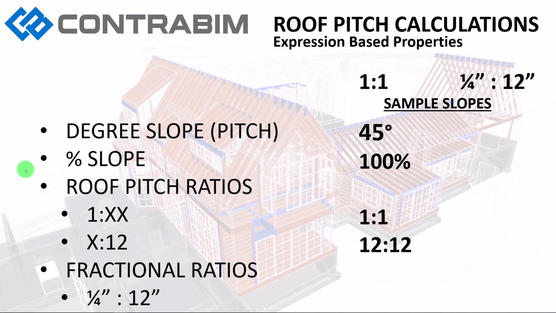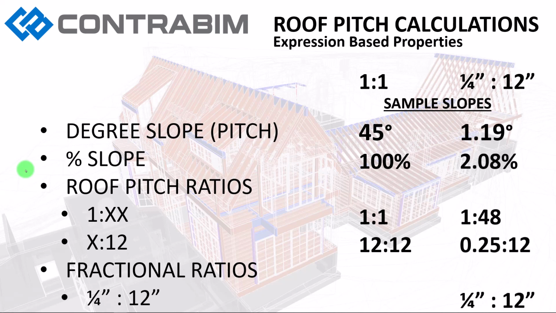Now, if we start taking a look at another example here, such as a common, very low sloped, flat type roof, say a 1/4 inch to 12 inches slope, then we start looking at these numbers, and all of a sudden our degrees is not a number that is very recognizable. Our percent slope is slightly over 2% here, but again, it's not a very common number for us to look at. And these numbers take a little bit extra understanding and conversion for contractors and people who might be reading your plans.